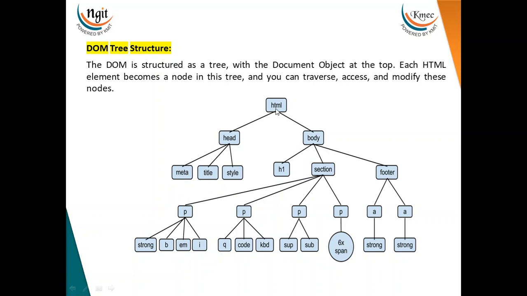So, if you see here, HTML is the prime node, and HTML has the head tag and the body tag. Under the head we are going to have metadata, title, style, links, and so on.